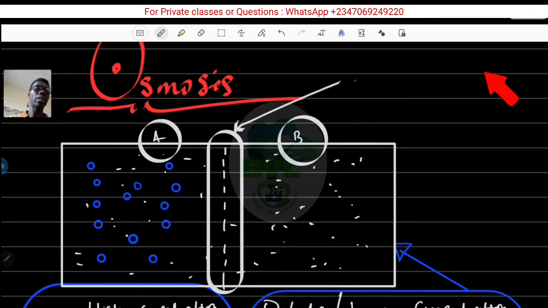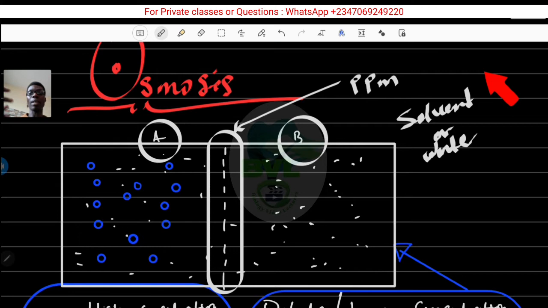A partially permeable membrane means that it allows only solvent or water to pass through. I believe you know that a solvent or water is a liquid that something can dissolve in. What can dissolve in it in this instance is going to be sugar or salt.